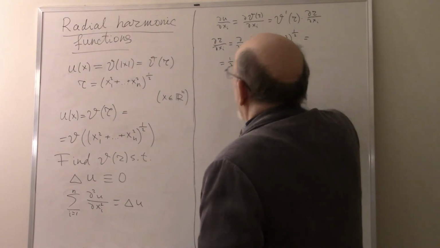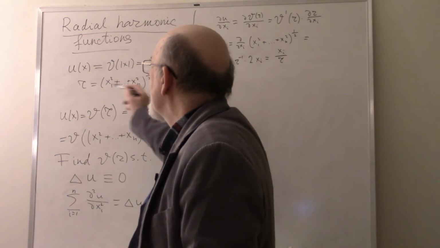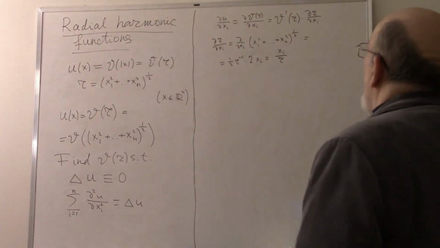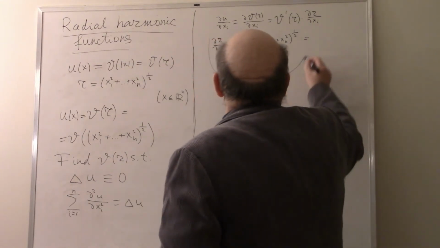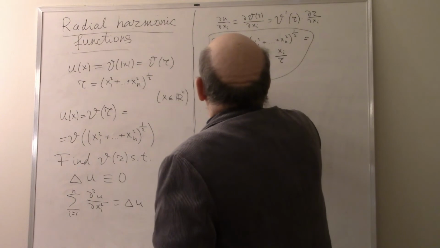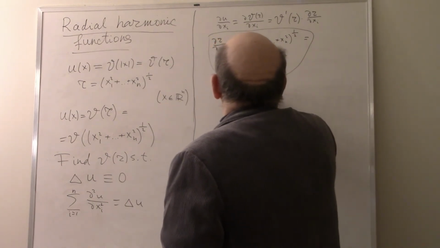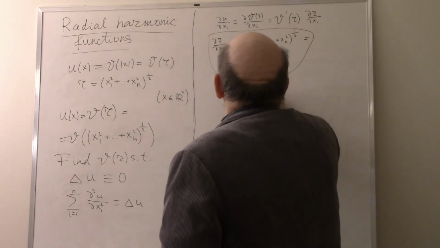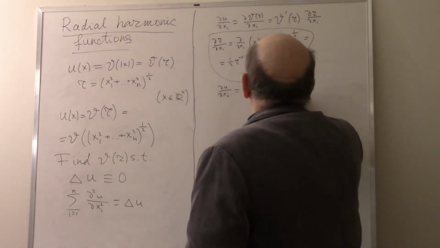R is where is r? R is here. So this means that du/dxi equals v prime of r times xi divided by r.